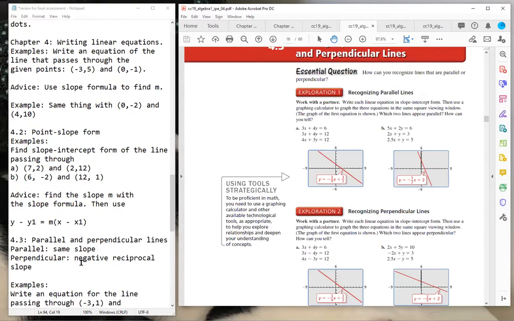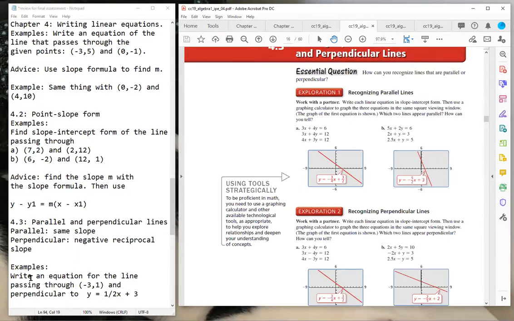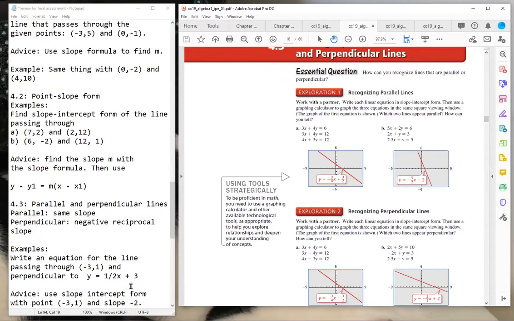So what are examples that you could be asked? I could say, write an equation for the line passing through the point -3, 1 and perpendicular to y equals 1/2 x plus 3. So the tools you need to solve this: you need to identify that 1/2 is the slope of the given line and that you want something perpendicular to it.